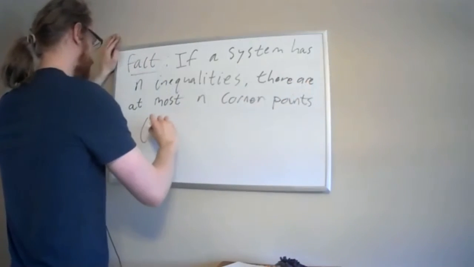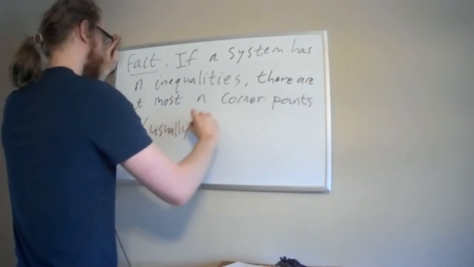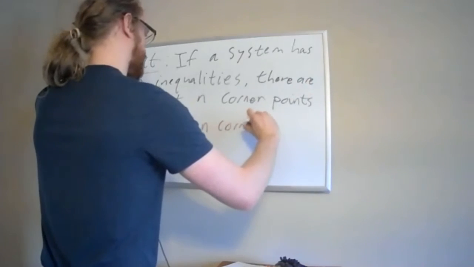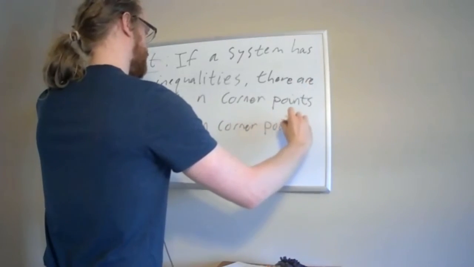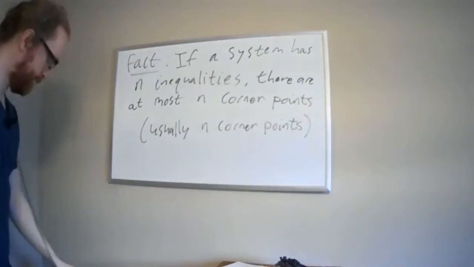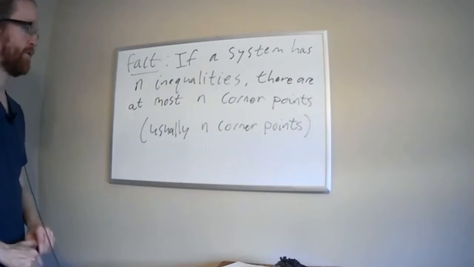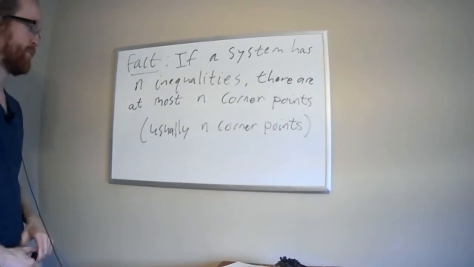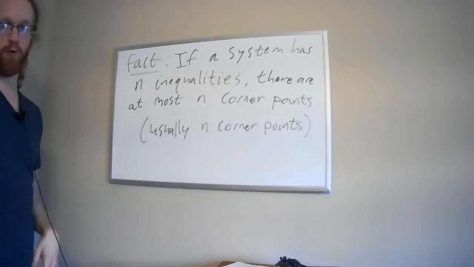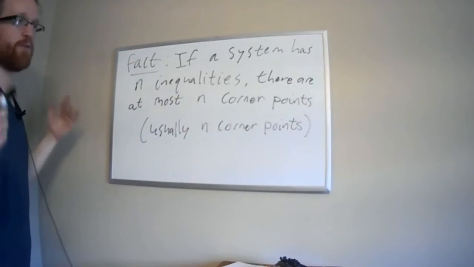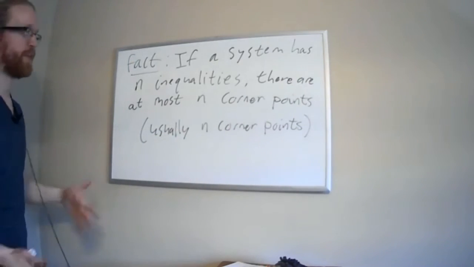And I'll put in quotation, usually exactly n corner points. So if I give you a system of three inequalities, probably there's going to be 3 corner points. If I give you 5 inequalities, there will probably be 5 corner points.